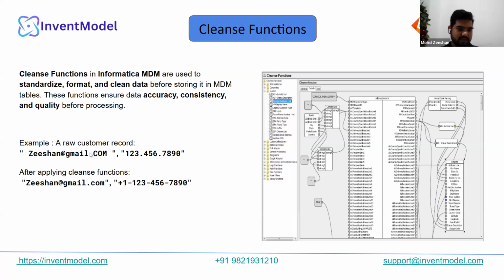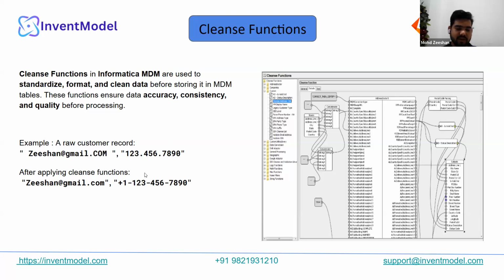Suppose in this example, we can see a raw customer record. We are getting jishan@gmail.com, and before this we have a space, correct? And in the next column we have the mobile number, and here we have a dot. We want to replace this dot with another character or symbol, and we want to add the country code.